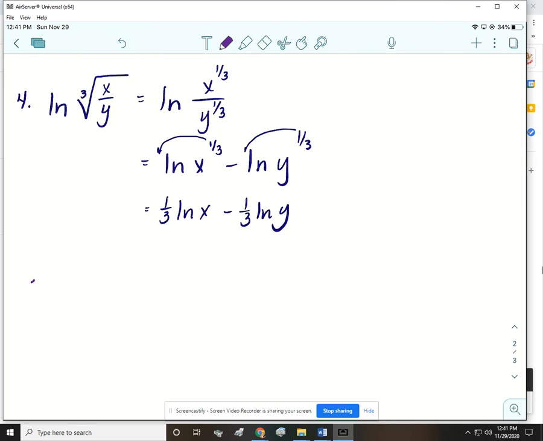Okay, one more, and this is going to use all the properties except change of base. All right, so we have log base 2 of a fraction. The numerator is x to the 4th square root of y. The denominator is z to the 5th.